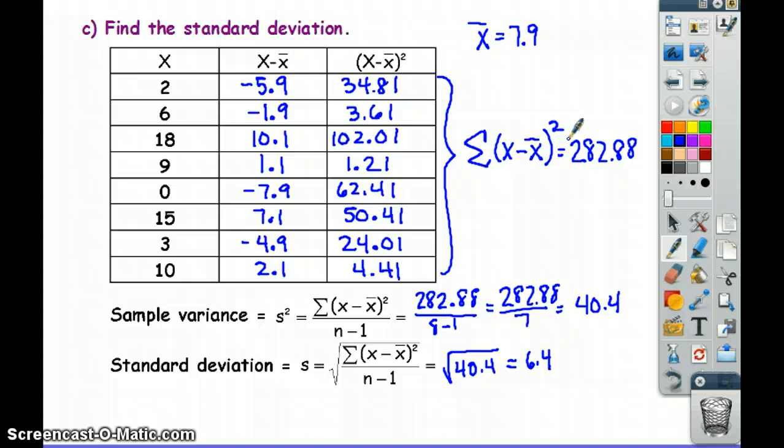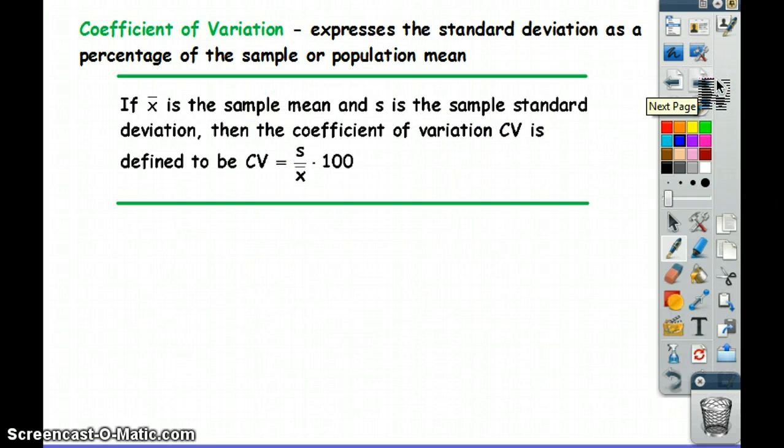There's one last thing I want to talk about today, and that's what's called the coefficient of variation. And what it does is it takes the standard deviation and looks at it as a percentage of the mean. So it takes the standard deviation and changes it to what percent of the mean it is. So here's our formula.